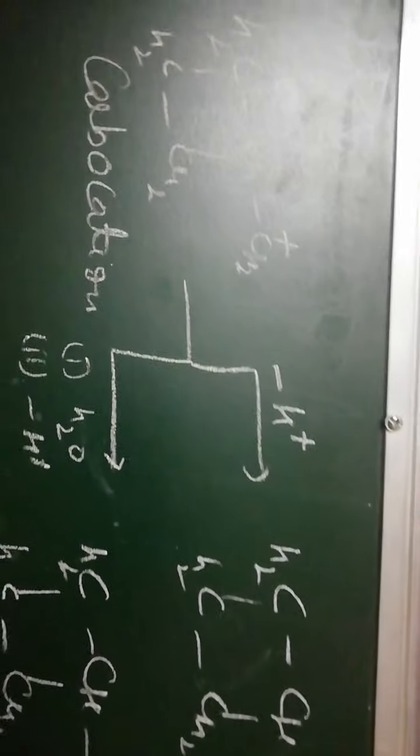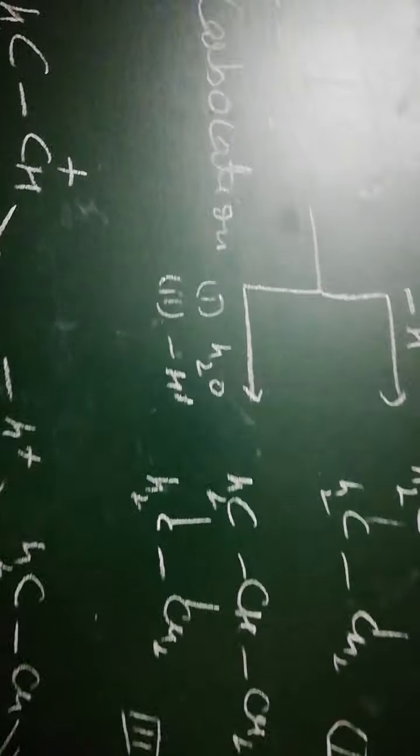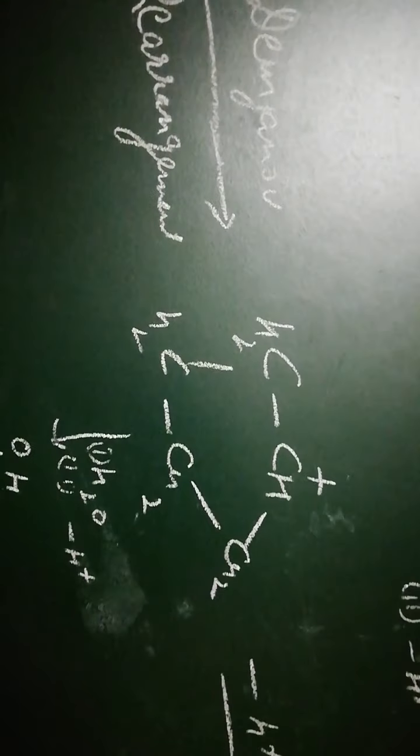Now this carbocation has the probability of two reactions. If we eliminate a proton, we will get this product. This is methylene cyclobutane. And if it goes hydrolysis and eliminates a proton, we will get this product named cyclobutyl carbinol. Now this carbocation undergoes Demjanov rearrangement, and we will get this product.